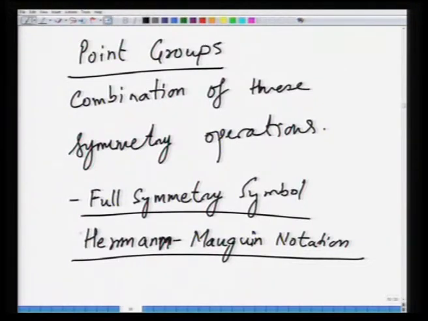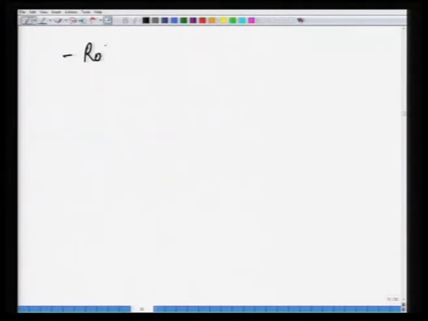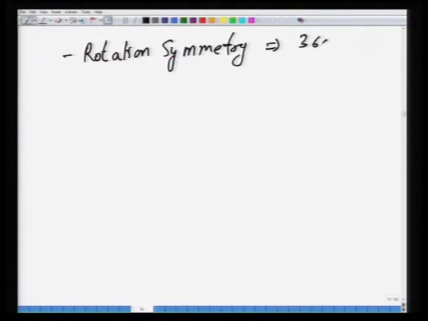It is named after the German scientist Hermann and the French scientist Mauguin, so it is often called the international notation as well. This is a very convenient way of representing the symmetry. So, for instance, rotation symmetry is given as 360 degrees divided by n or 2 pi by n, where n is the rotation symmetry.